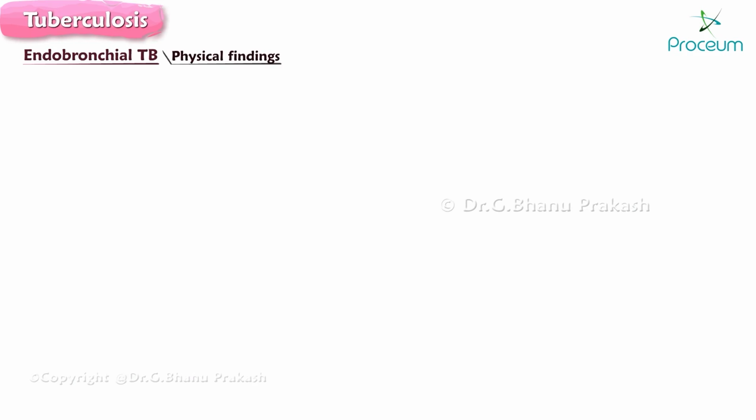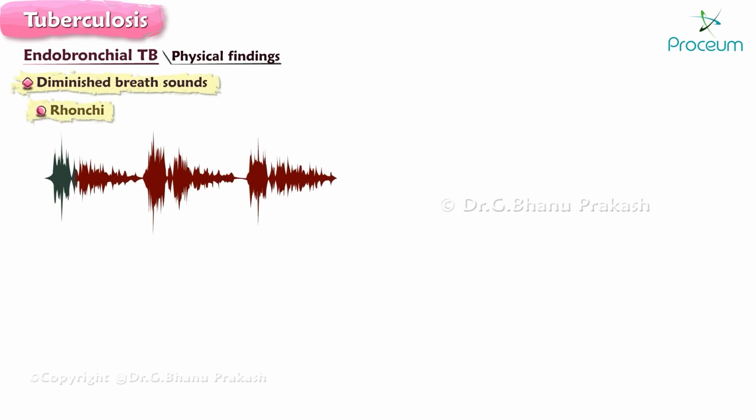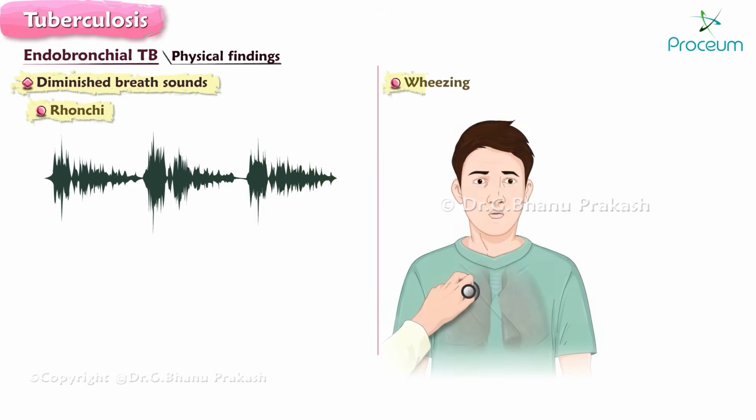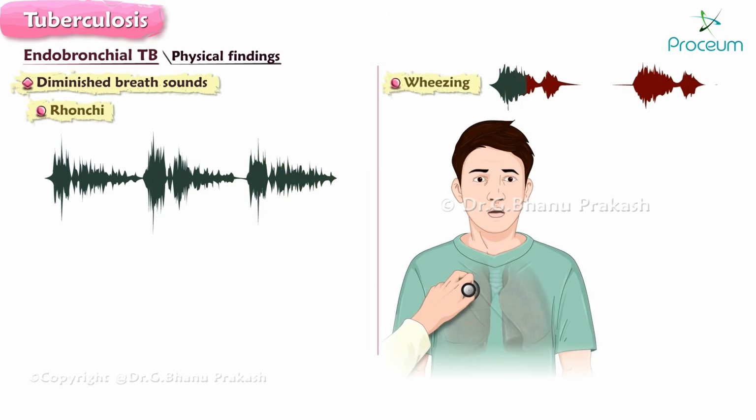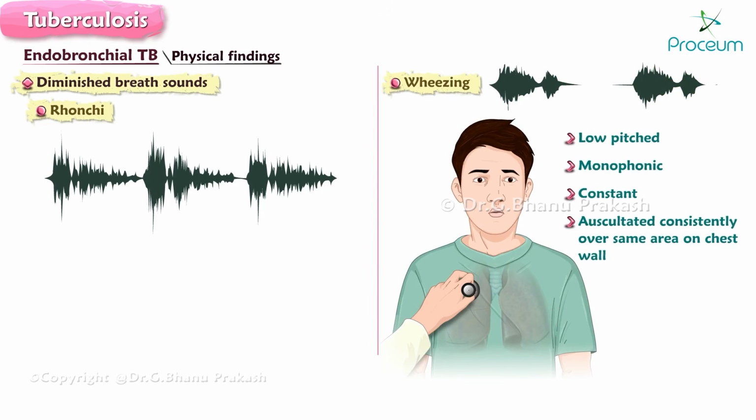Physical findings can include diminished breath sounds, rhonchi, or wheezing. The wheeze typically is low-pitched, monophonic, constant, and is localized consistently over the same area on the chest wall.